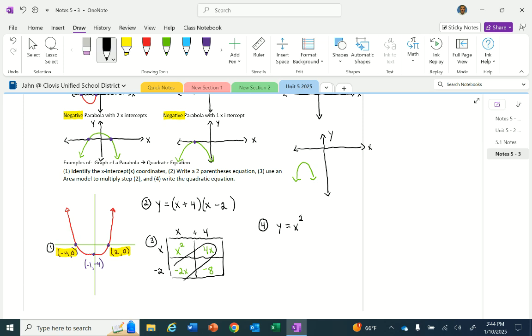Then I'm going to combine the 4x with the -2x by adding them. That would be +2x, so x squared plus 2x, and then -8. And that's the equation that you get. So the graph that I started with here, of this positive upwards parabola with 2 x-intercepts, it would create the equation y is equal to x squared plus 2x minus 8.